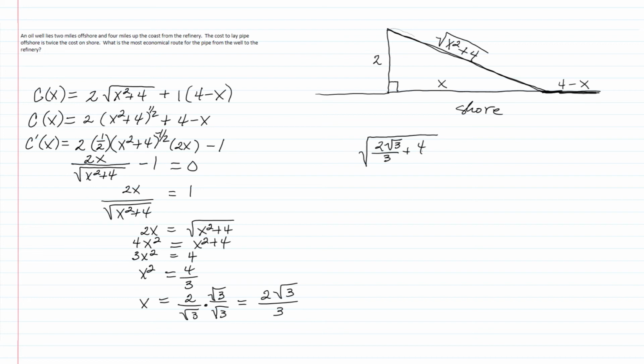And then, so this is the amount offshore. And then we have 4 minus 2 root 3 over 3. And that's going to be the distance that the pipe is going to travel onshore.